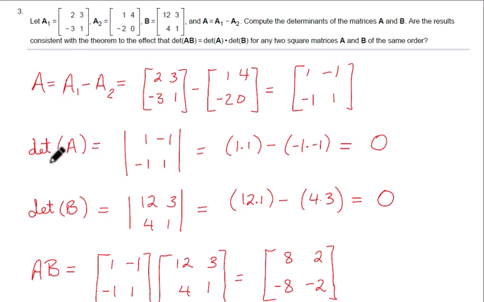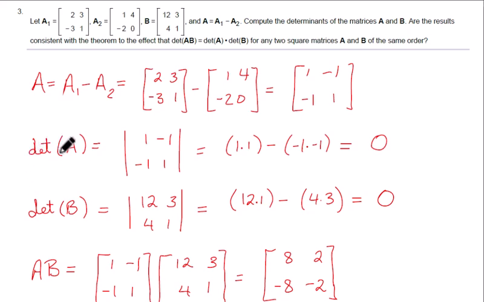If I find the determinant of A, it's the downward diagonal product minus the upper diagonal product, and that's 0. They're giving me matrix B here, and they want me to find the determinant, so 12 minus 12 is also 0.